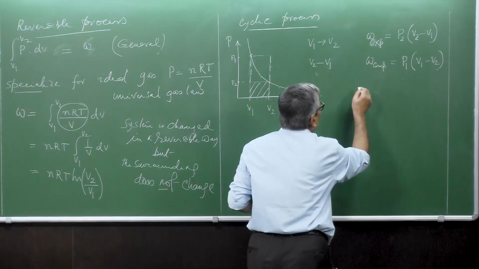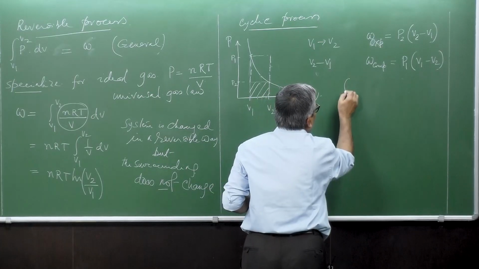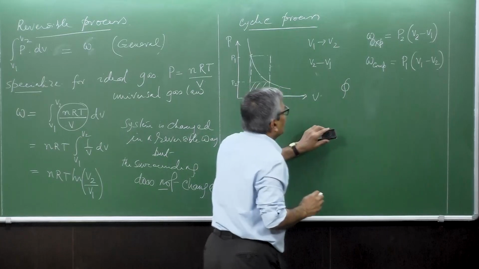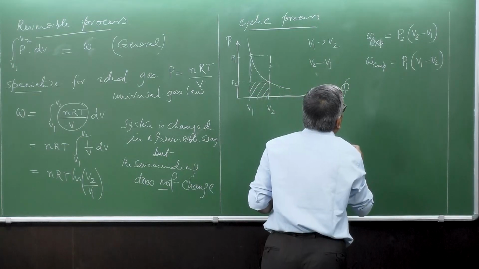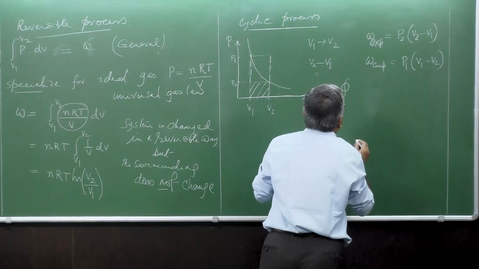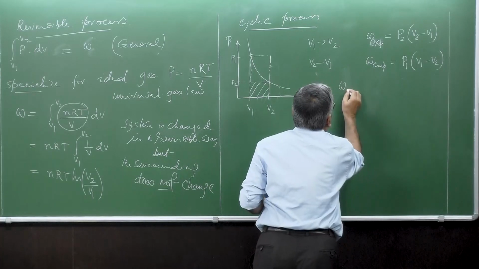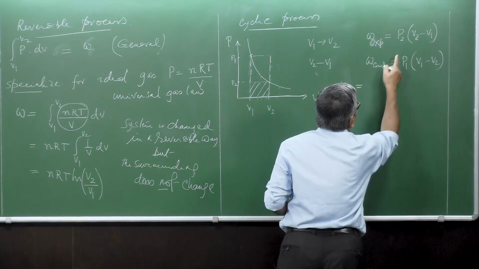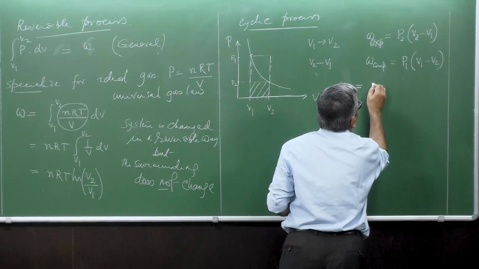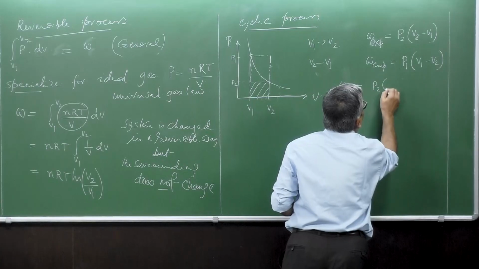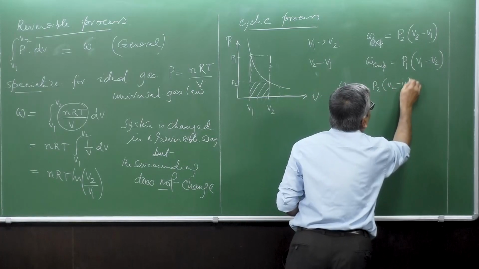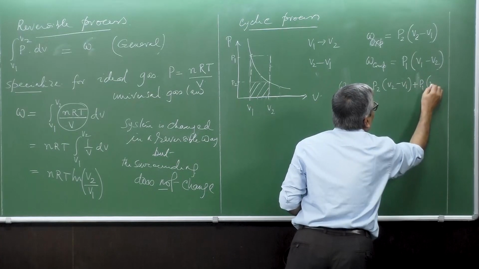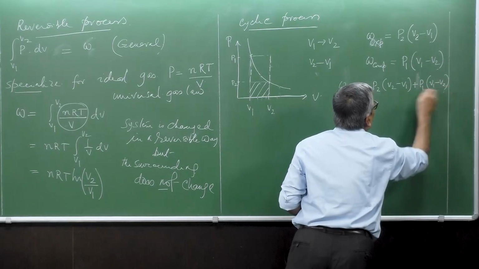So for the total process, for the entire cyclic process, you can write W cycle equal to the summation of the two, that is P2 times V2 minus V1 plus P1 times V1 minus V2.